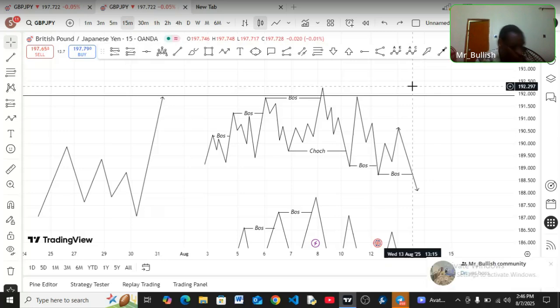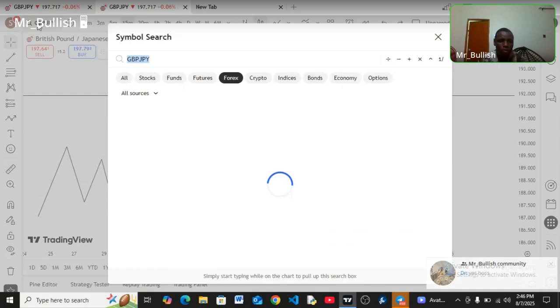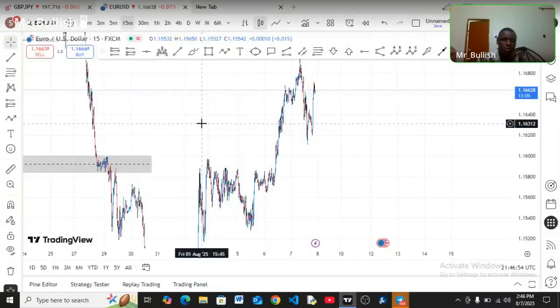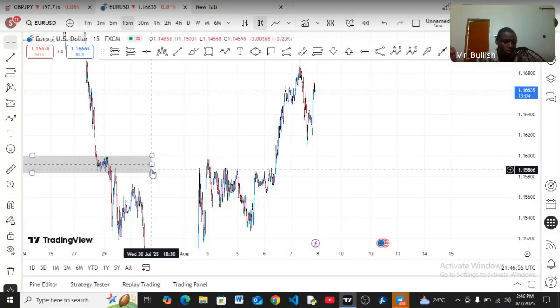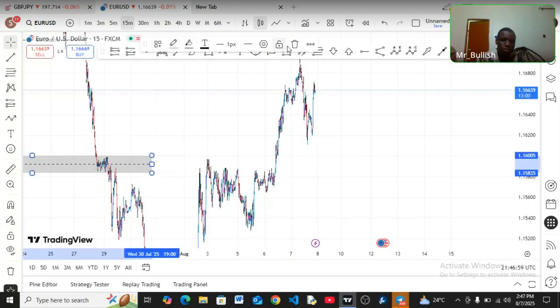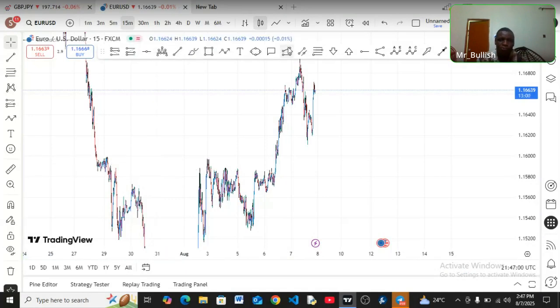Okay, now let's do some practical of this on the real chart, but I don't want to use this chart, it's kind of rough. Now let's go down to the 4 hours.